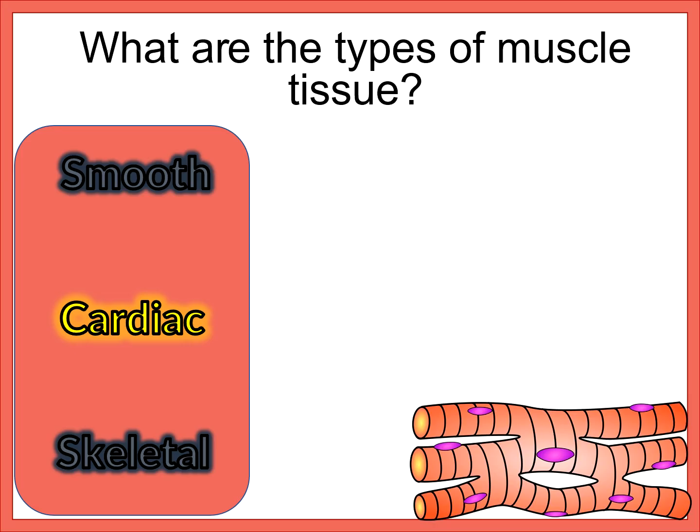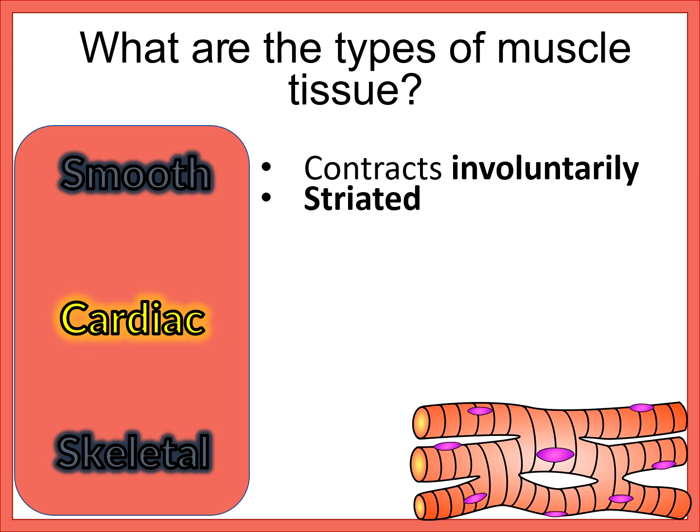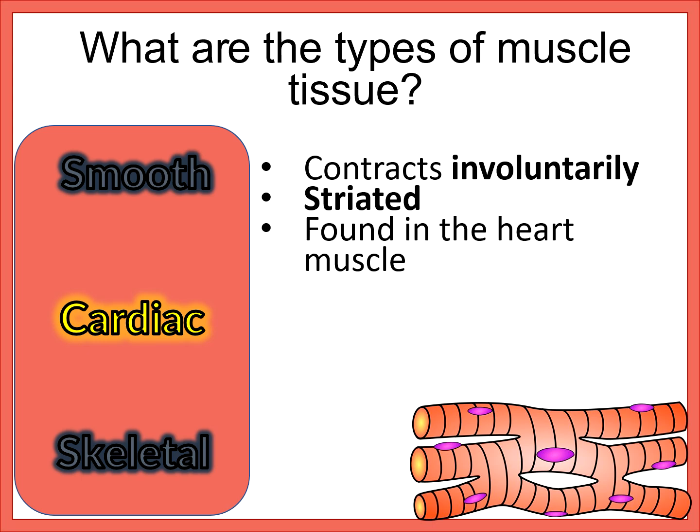And then we have cardiac muscle, so you should think of the heart, right? That's where we're going to find this, only in the heart muscle, not in the blood vessels, not anywhere else, just the muscle that makes up the heart. We cannot contract our heart muscles voluntarily.